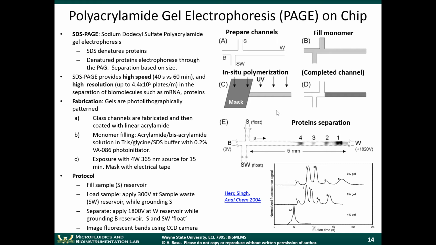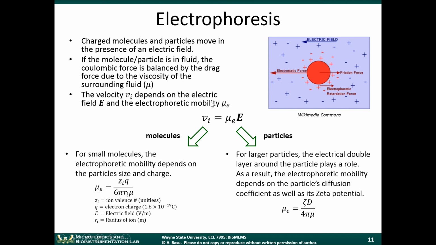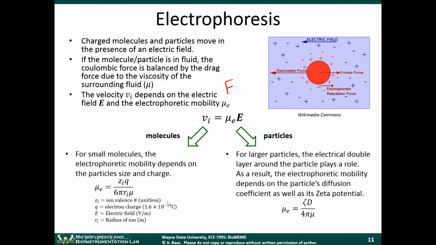Another advantage is that you don't require as much voltage. The electrophoresis rate is given by the electric field, and the electric field E is equal to the voltage V divided by the length of the channel.